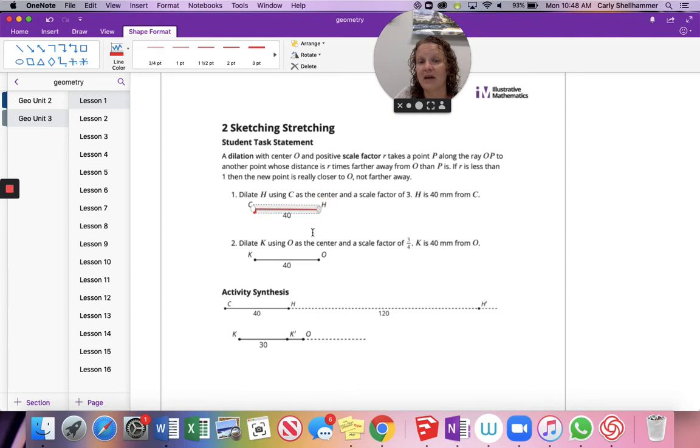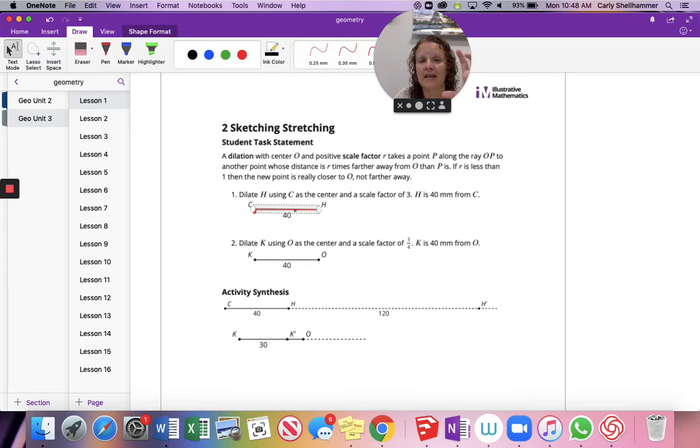All right, so we have that. So that's the original. Now if I want to do a scale factor of 3, I'm going to take that 40 and multiply it by 3. When it was multiplied by 2, we doubled it. That was a scale factor of 2 for that example up above. Now we have a scale factor of 3, so we are tripling it.